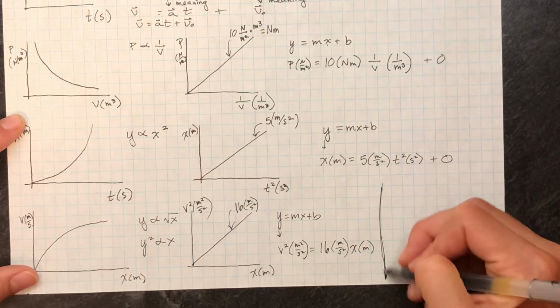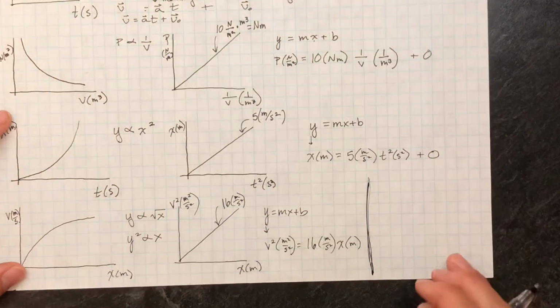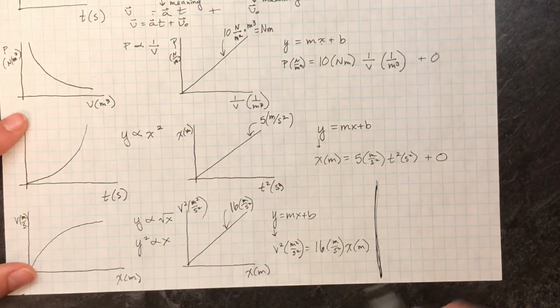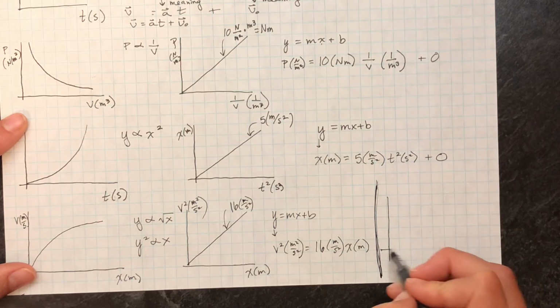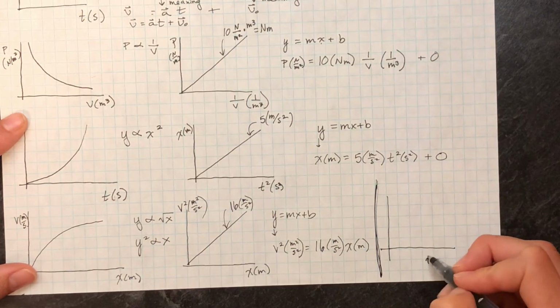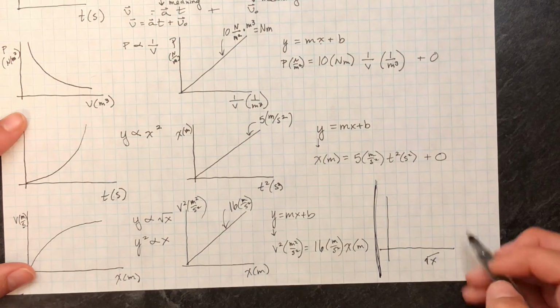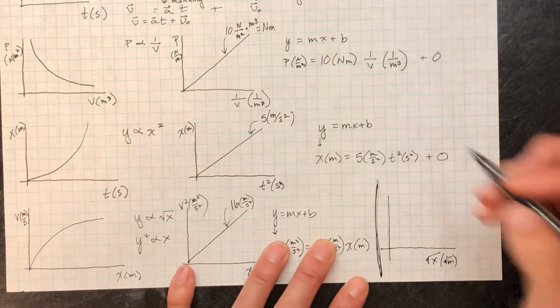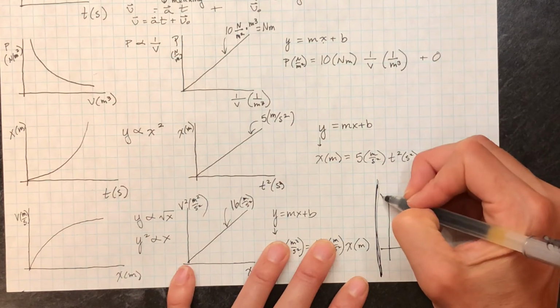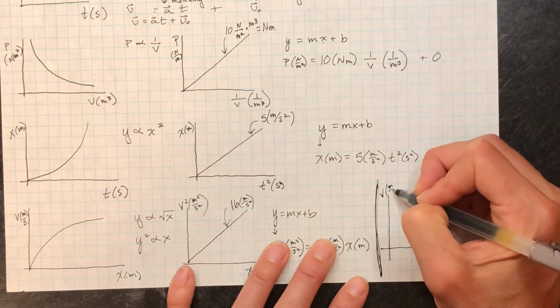Another way to do this one, I'll show you the other way, is to take the square root of the x values. So you could also square root all of your x values and regraph it. So you'd have the square root of x, and the unit there is the square root of m. And then on this axis, you would just have velocity in meters per second.